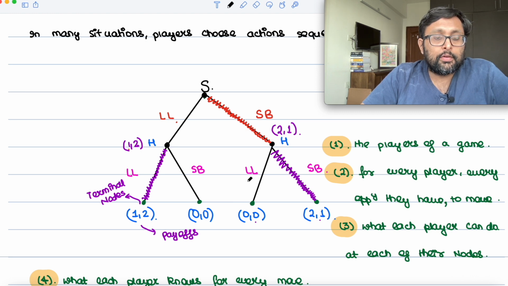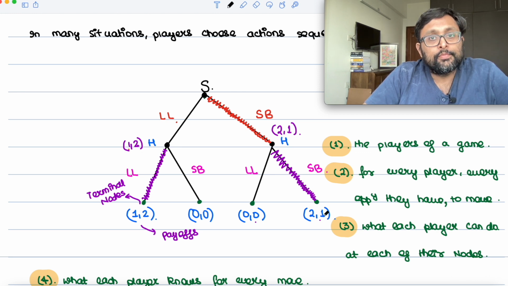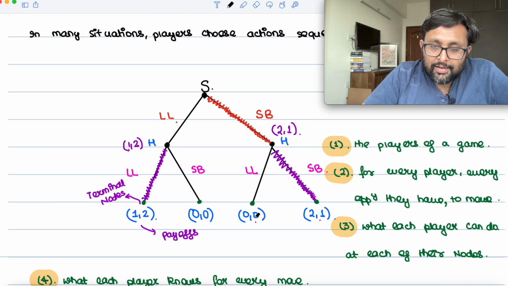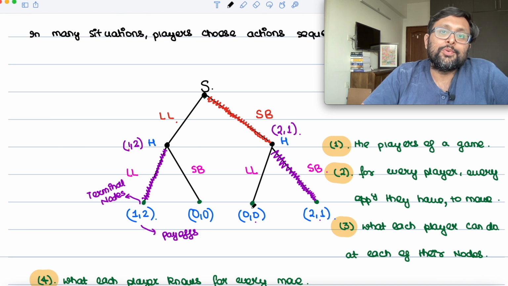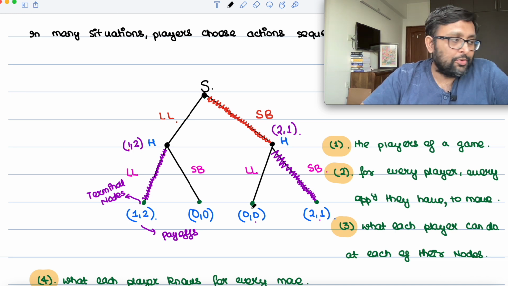Because if he chose to go to Starbucks, he will be getting 1. If he chose to go to local latte, he'll be getting 0. So why would he do that? He will not do that.